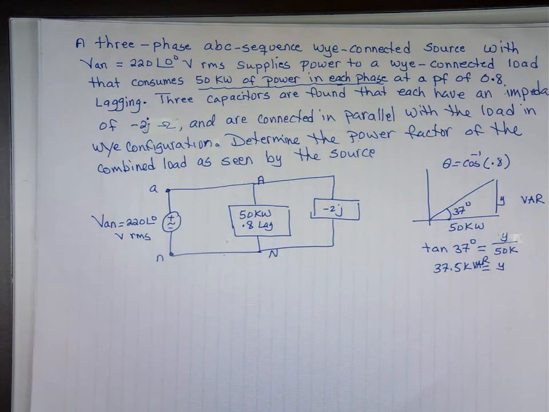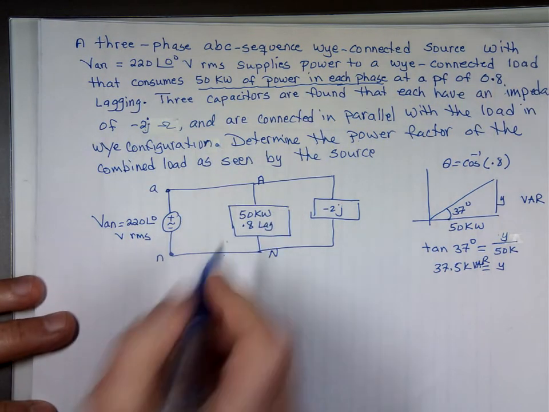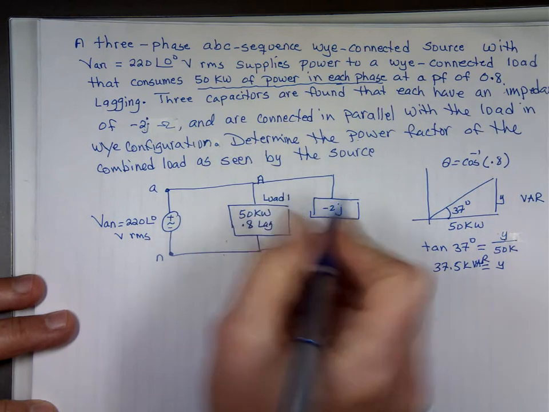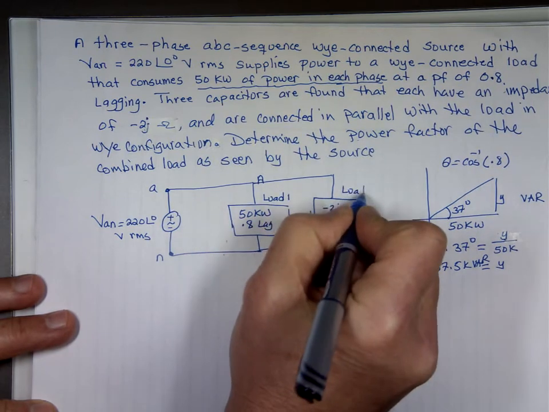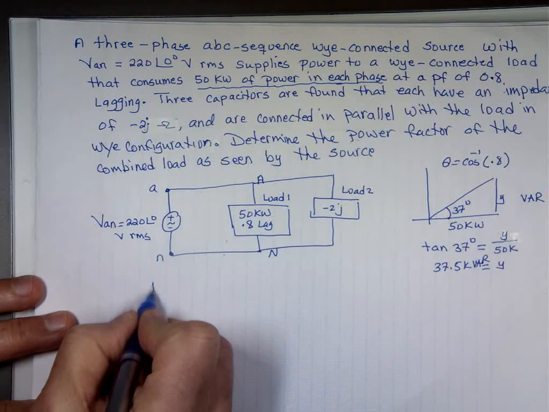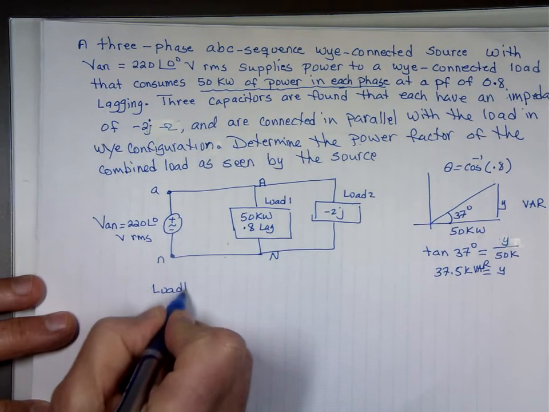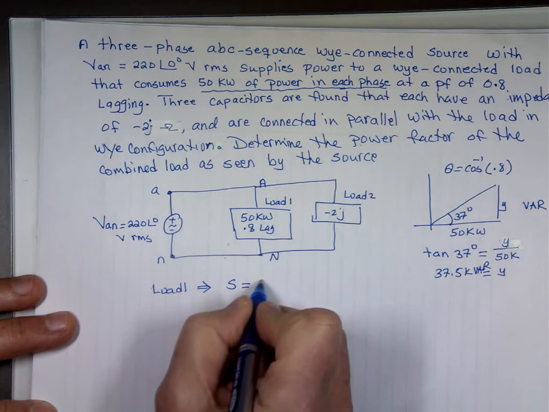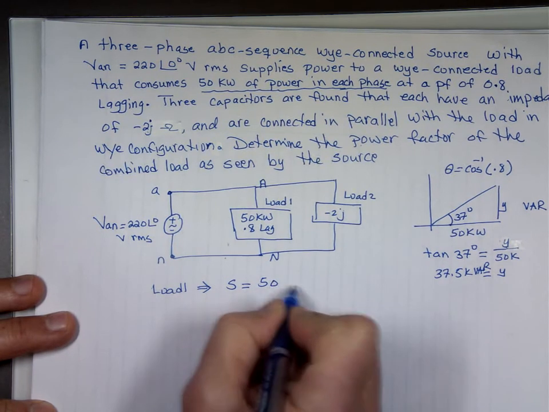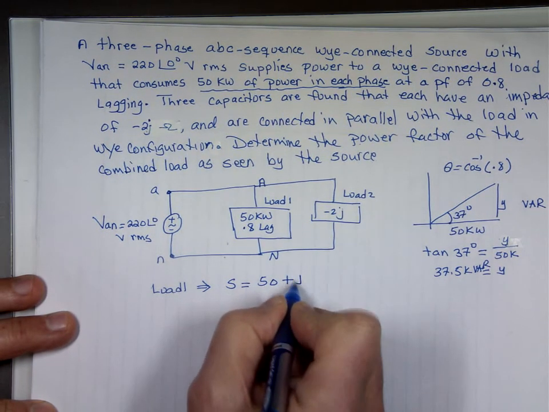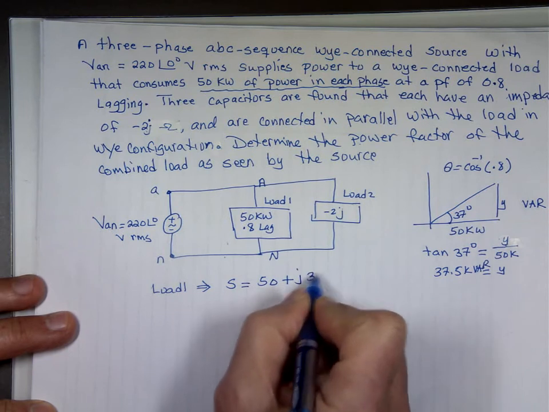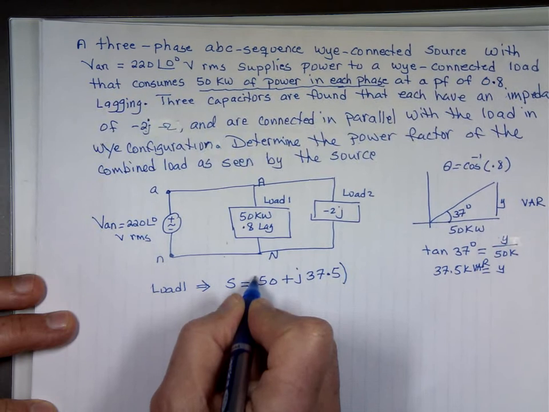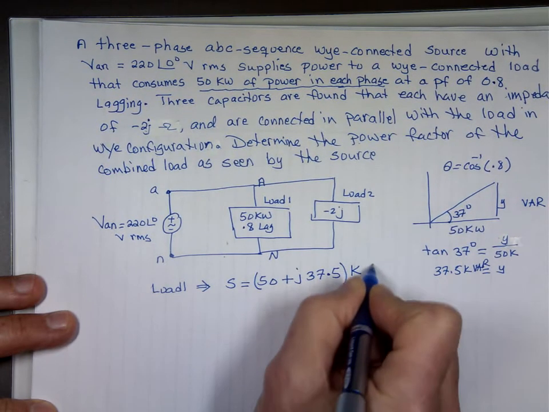So now we know what S is for this, the complex power. We'll call this load 1, and this is load 2. For load 1, S equals 50 plus J37.5 kVA.